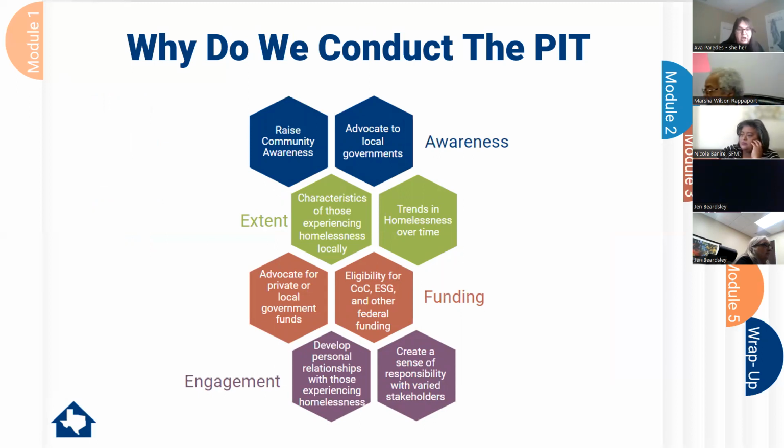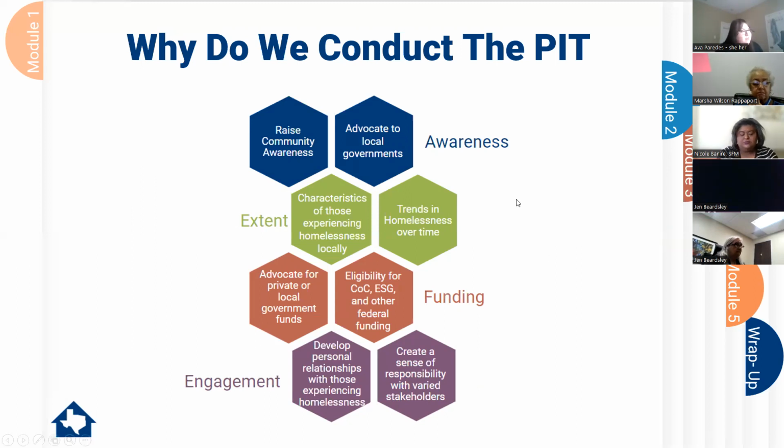What we're going to be talking about in this webinar is using our data to secure funding, to advocate for private or local government funds, as well as to determine eligibility for COC, ESG, and other federal funding opportunities. And finally, for engagement, as the PIT count allows us to develop personal relationships with those experiencing homelessness and create a shared sense of responsibility across a wide variety of stakeholders.